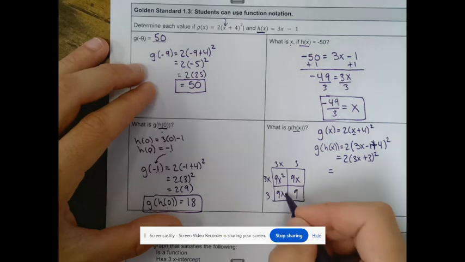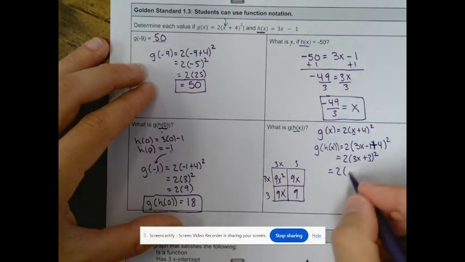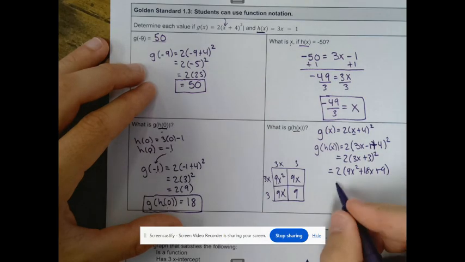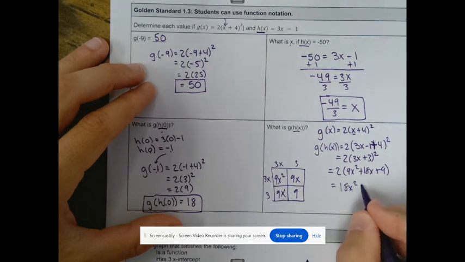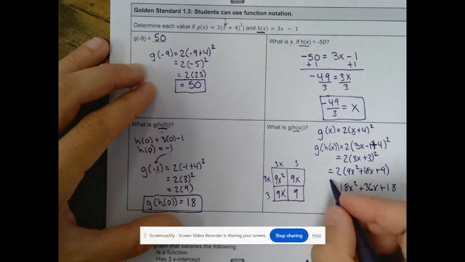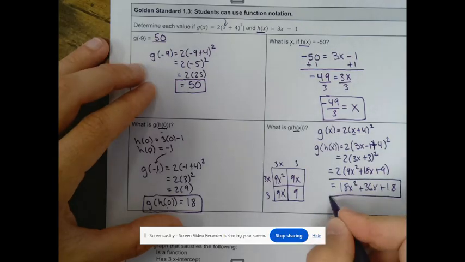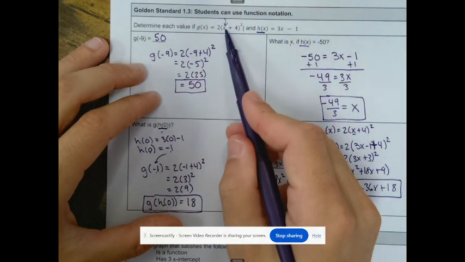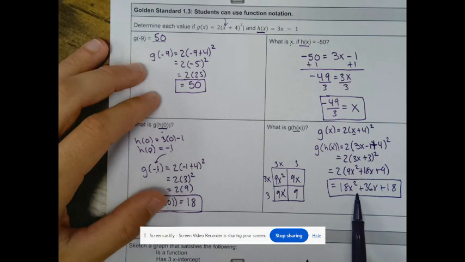A lot of 9s there. So it's 2 times 9x squared plus 18x plus 9. Simplifies out to 18x squared plus 36x plus 18. That is g of h of x. If I use an input of h of x, 3x minus 1, and I put that in for g, that is what I will get out.